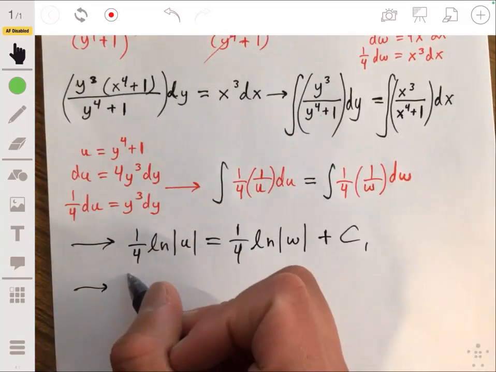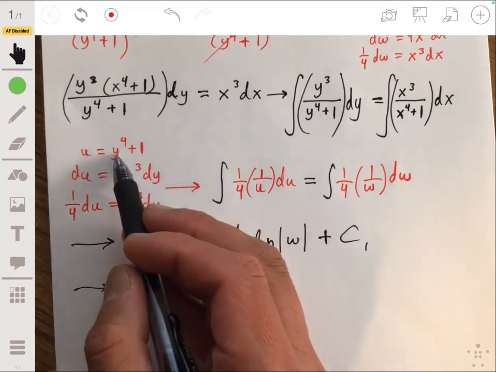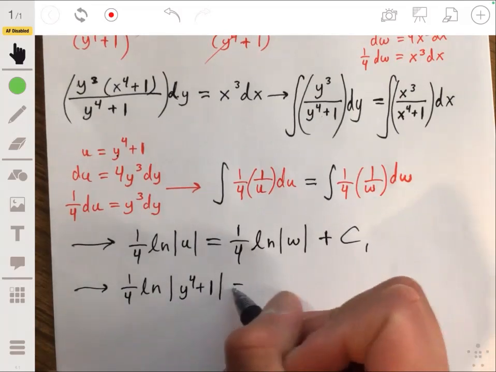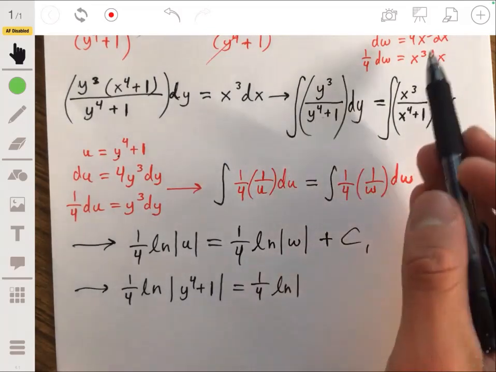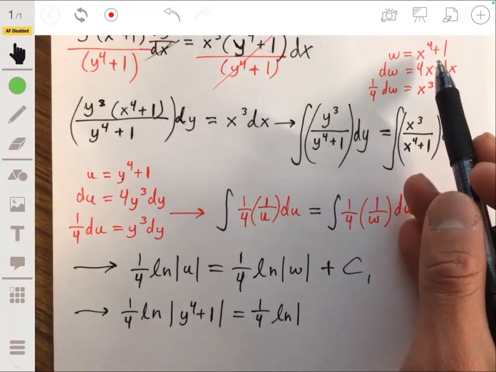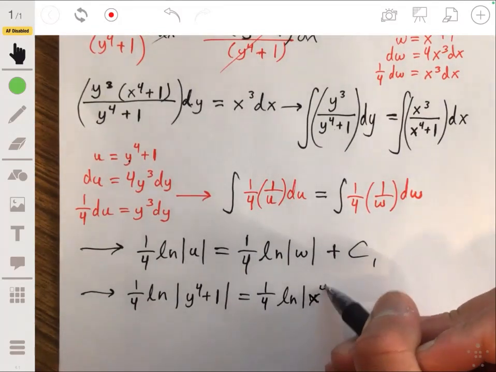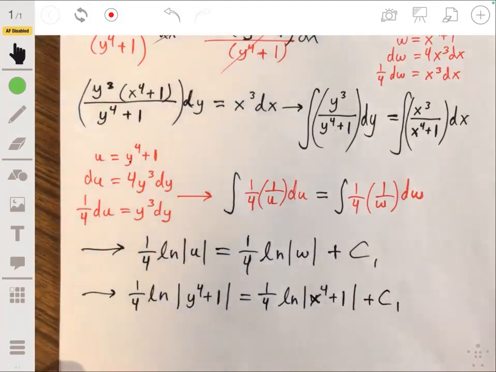So we'll have 1/4 natural log of y to the fourth plus 1 being equal to 1/4 times the natural log of x to the fourth plus 1 plus C1.